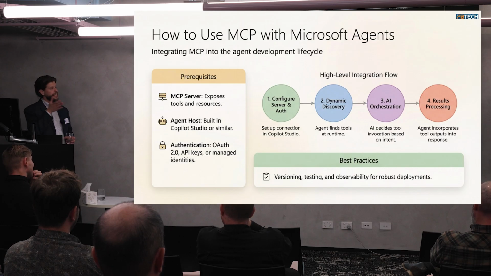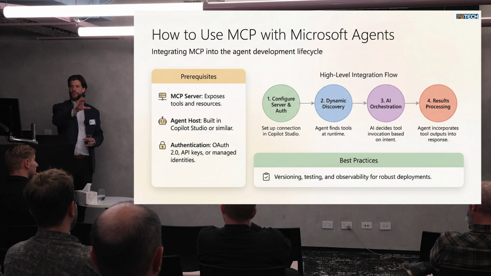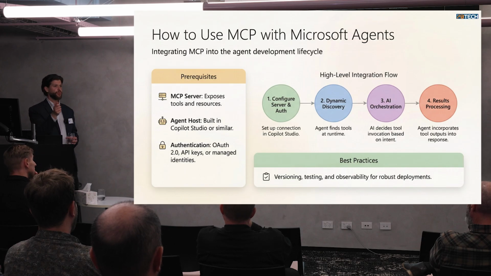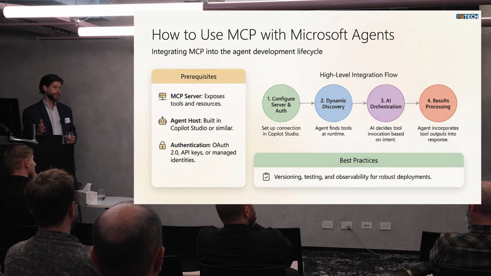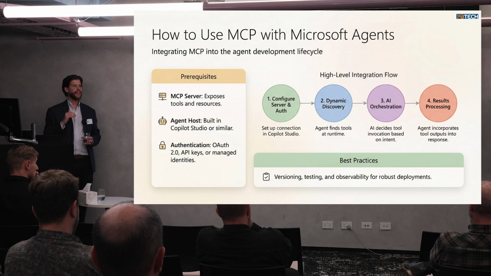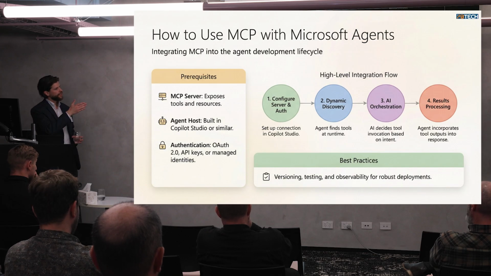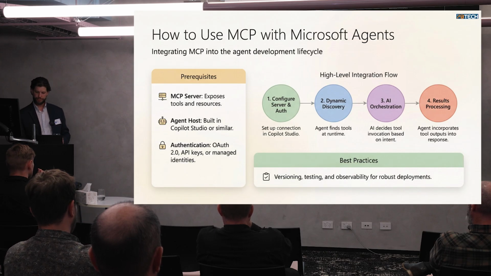Now, when the agent is run at runtime, it will trigger and hit your MCP server. It will understand what tools are available and what commands it can and can't do. You limit that MCP server, so you can say, I don't want it to delete emails, but I want to allow it to send emails. So that is initiated at runtime. It hits your MCP server and then unlocks those tools.